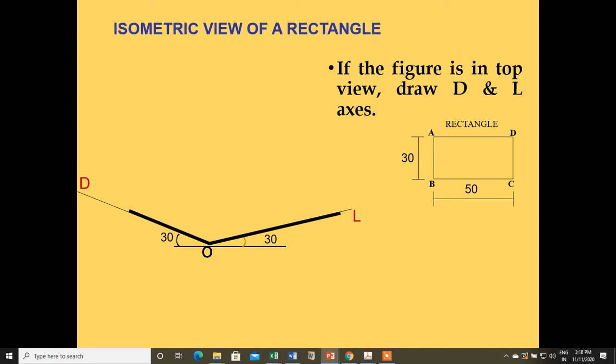Now we just draw two parallel lines, one to the length axis line and one to the depth axis line. This completes the rectangle in isometric view. From the given orthographic view, we can easily get this isometric view.